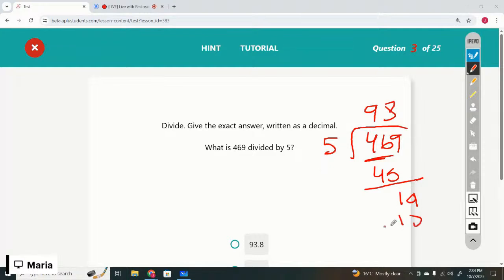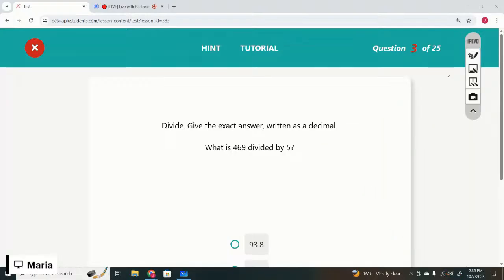So 19 minus 15 is 4. Put a decimal point over here and a 0 over here. 5 times 8 is 40. So the correct option is 93.8. Option number 1 is the correct option.